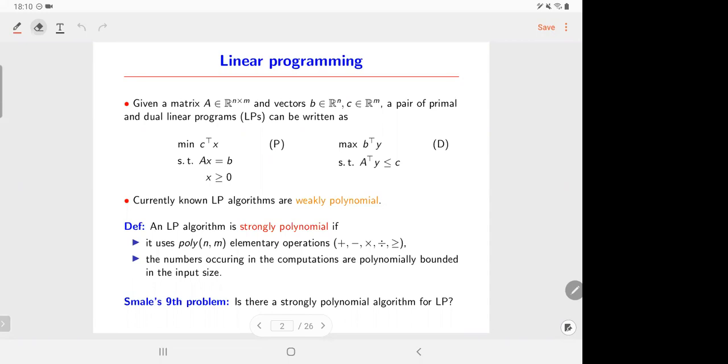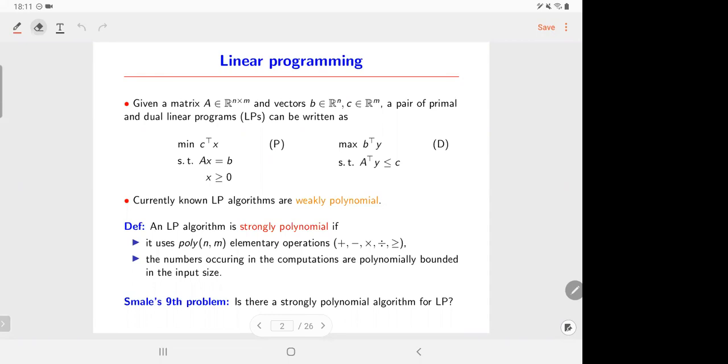As we all know, currently known LP algorithms such as the ellipsoid method and interior point methods are weakly polynomial, meaning that the runtime depends on the size of the numbers occurring in the input. In contrast, a strongly polynomial algorithm's runtime does not depend on the size of the numbers.